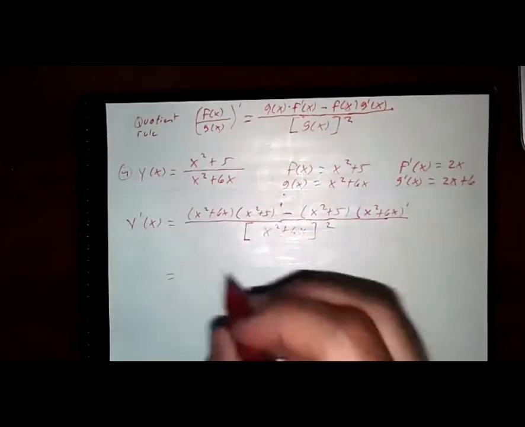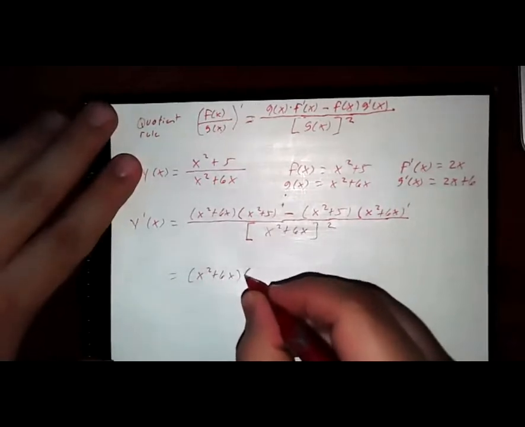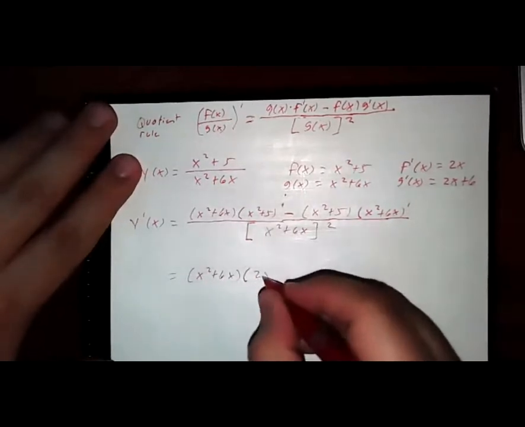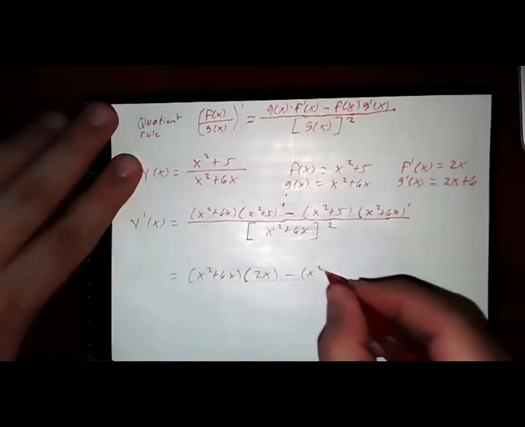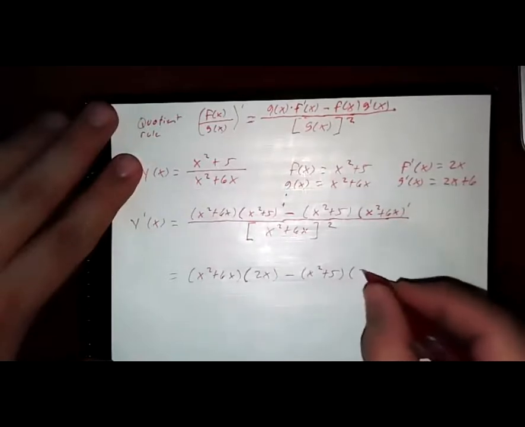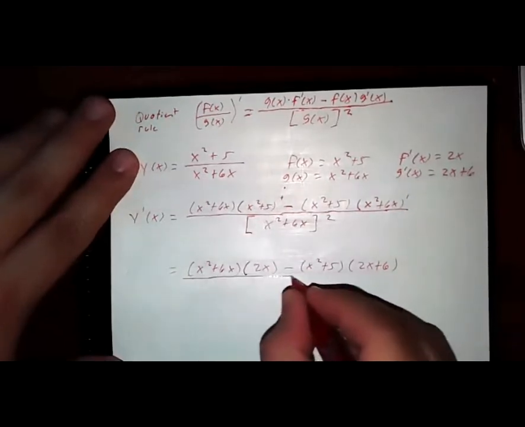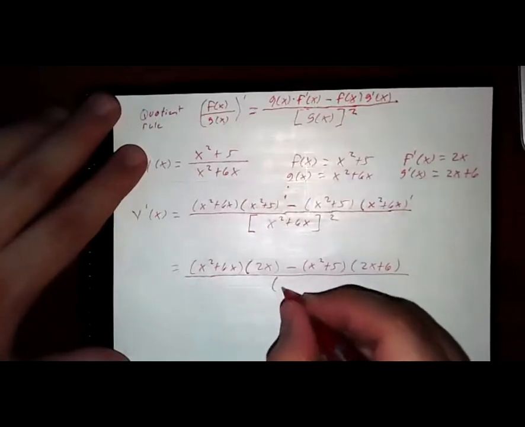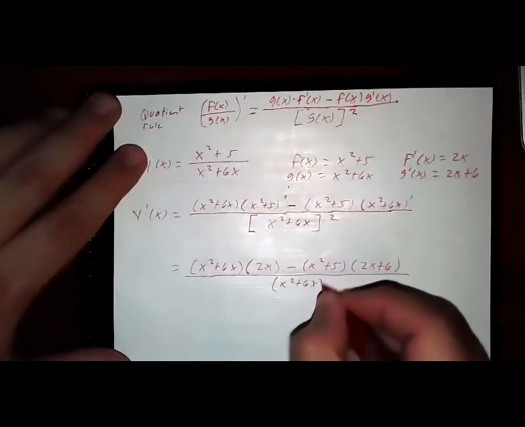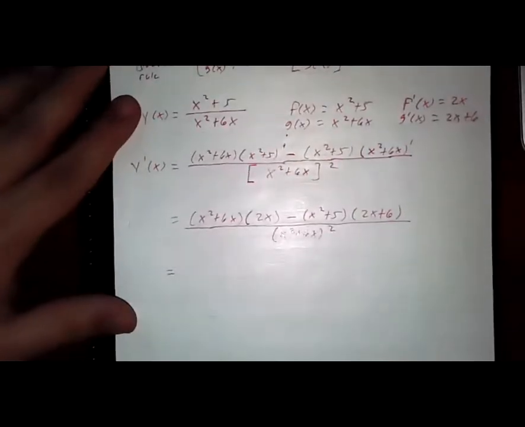So this will be x squared plus 6x times 2x minus x squared plus 5 times 2x plus 6, over x squared plus 6x, squared. Make sure not to miss anything.